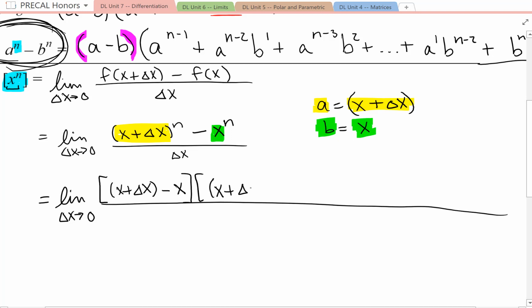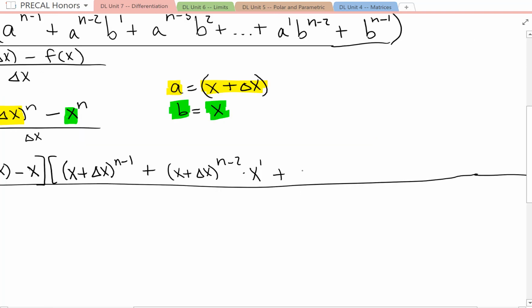So we have the quantity x plus delta x to the power of n minus 1, plus x plus delta x to the power of n minus 2 times x to the power of 1, plus the quantity x plus delta x to the n minus 3 times x squared.